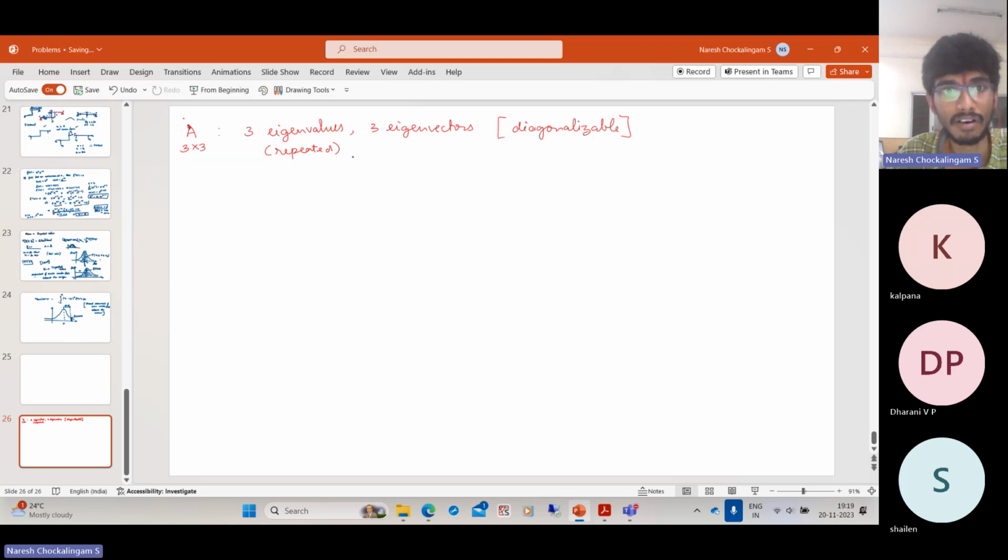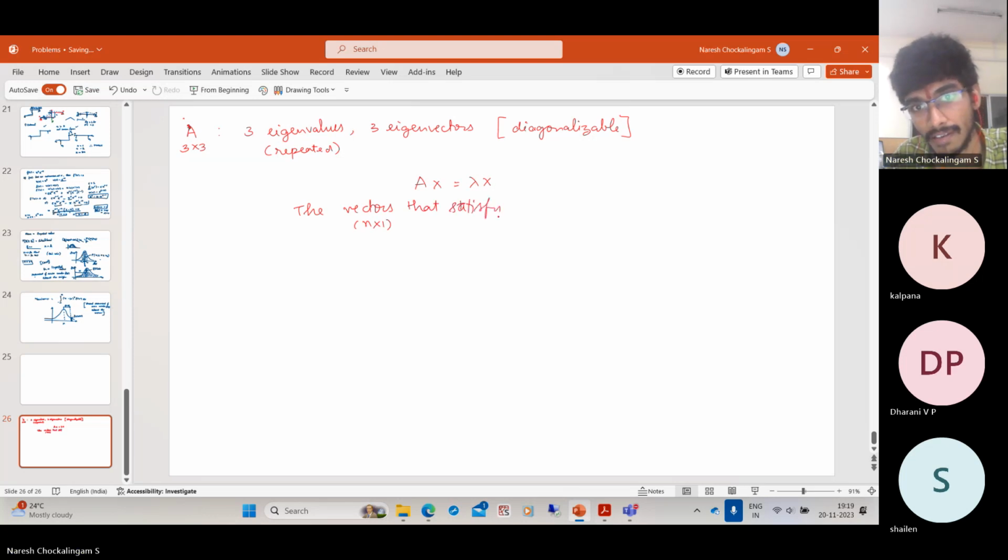So this is the basic. What are eigenvalues and eigenvectors? The set of vectors, the 3 cross 1 or n cross 1 vectors, that satisfy this equation, let's call it star, for any scalar lambda, it can be complex as well, are called eigenvectors.